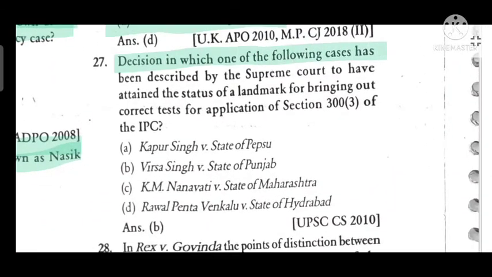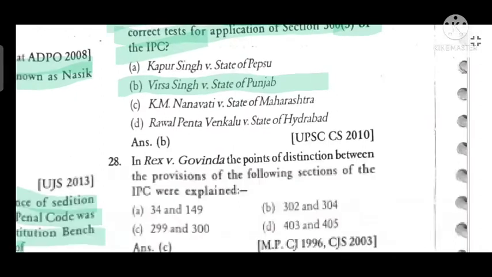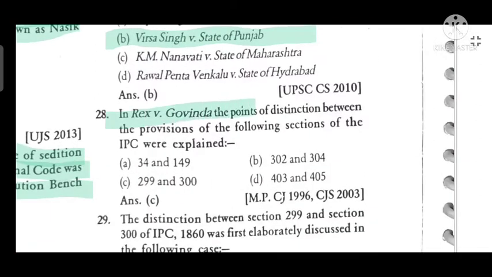The decision in which one of the following cases has been described by the Supreme Court to have attained the status of a landmark for bringing out the correct test of application under section 300 clause 3 of IPC? Virsa Singh versus State of Punjab. Rex versus Govinda.